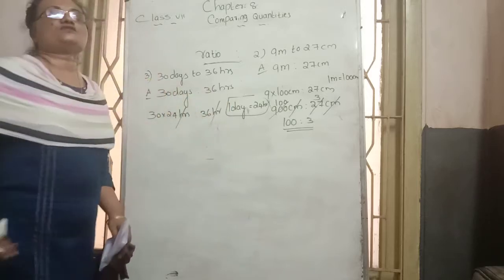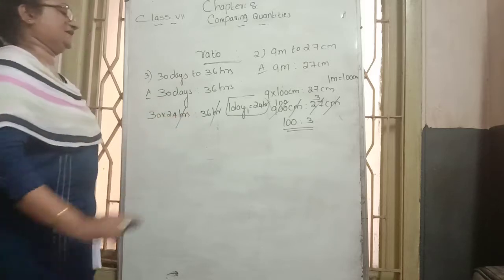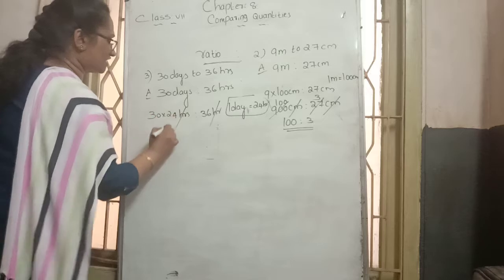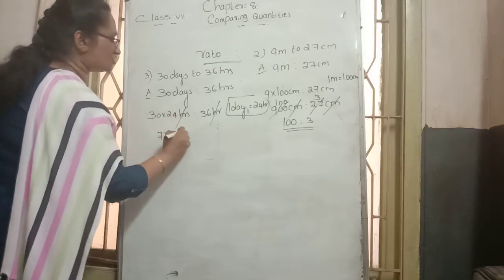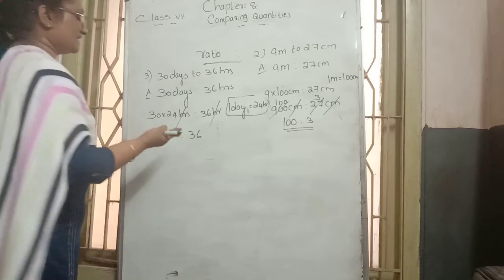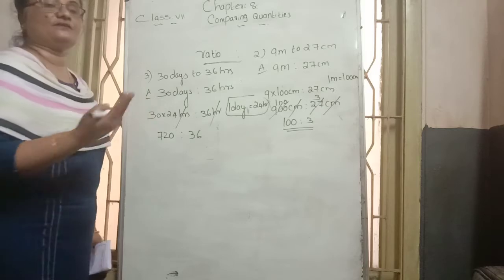Same unit, so hours and hours cancel. Then next, multiply 30 into 24. How much? 3 4s are 12, so 720 is to 36 we will get. Which table? Directly the 36 table, or which table?